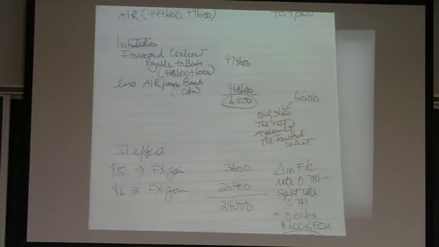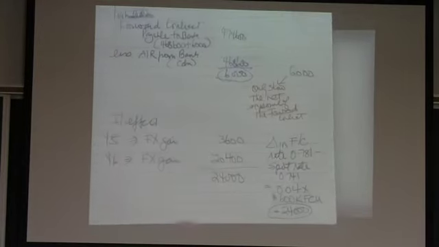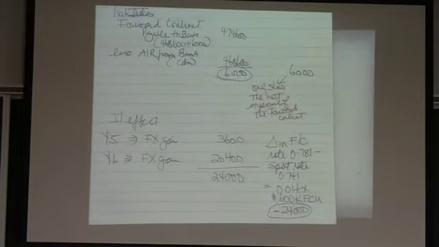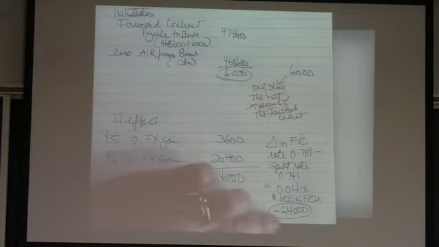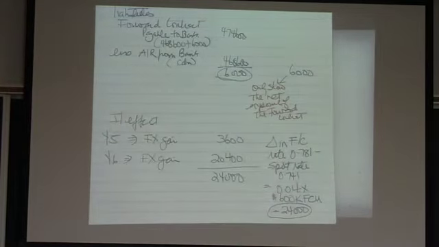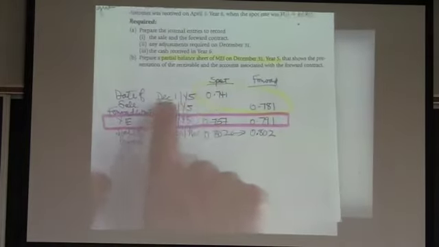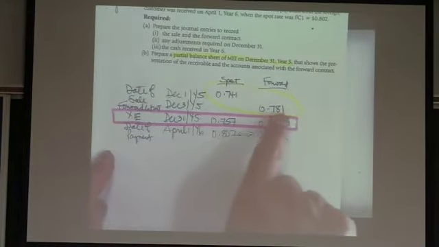So the cost of executing a forward contract, you can calculate your overall FX gain or loss by taking the difference between the spot rate at the date on which the transaction occurred and the forward rate.